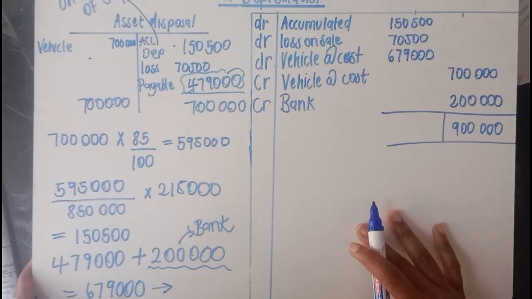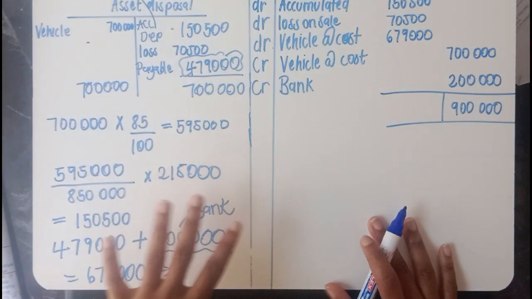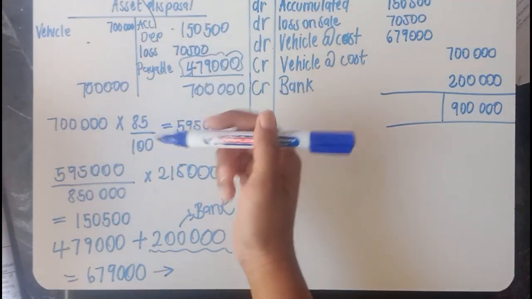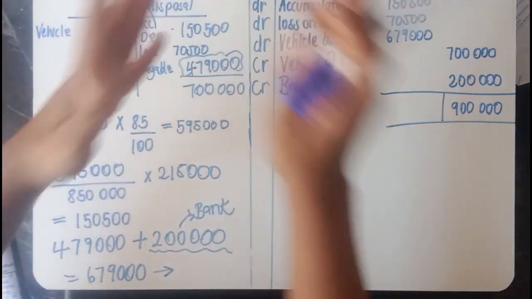So both ways, they usually say there's a lot of ways to skin a cat, and this is one of them. You will choose which one works for you. If this T account is much easier and understandable, you just know that all of these things go on the debit, and these go on the credit.